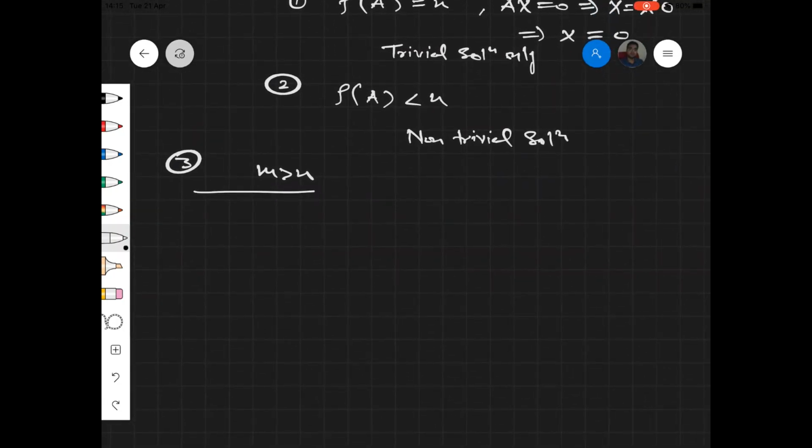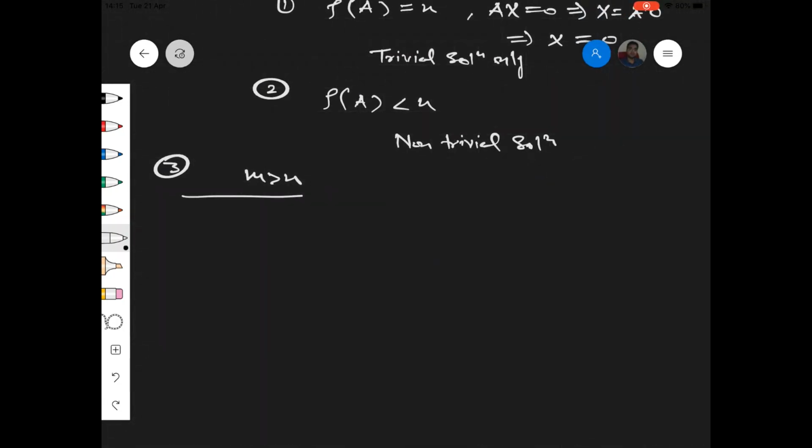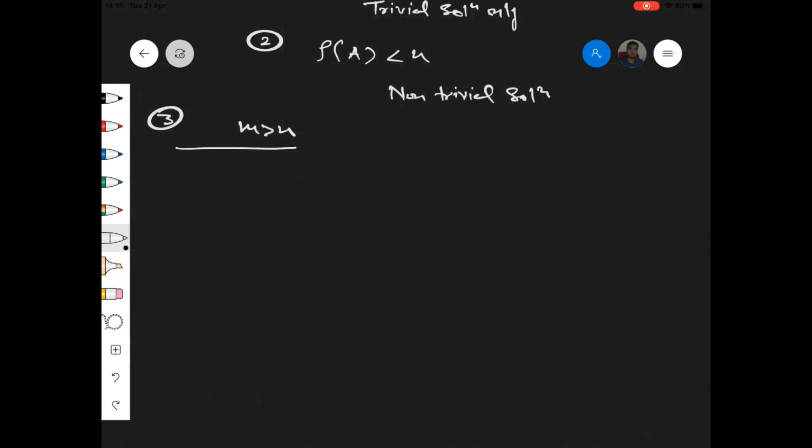Now we'll take an example where we'll solve a system of linear equations and see its solution. So let us take a homogeneous system of linear equations.